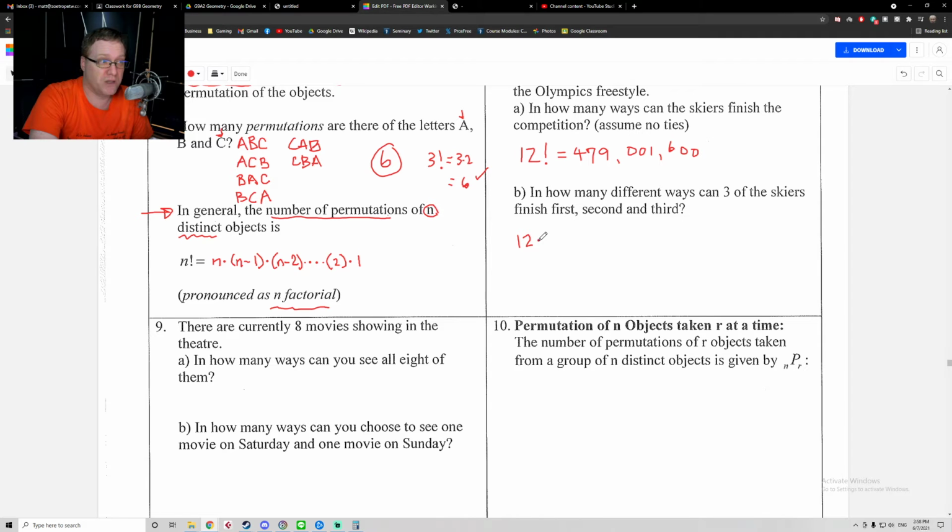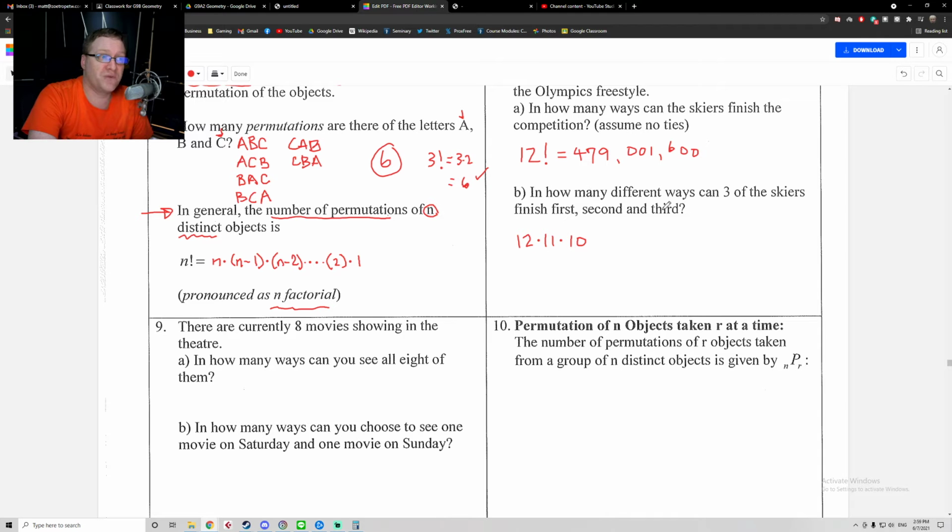All right. Then, how many can get second? Well, after one has already finished first, there are 11 more. So there are 11 different skiers that can get second. And then finally, how many ways can we get third? Well, we've already had 2 skiers finish, so there are 10 skiers left. So 10 different skiers could get third place.